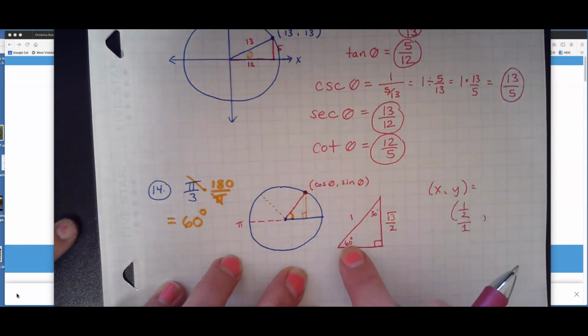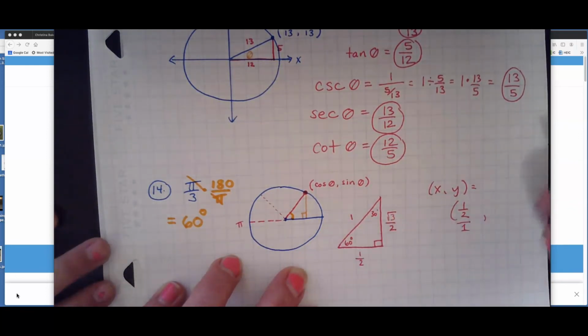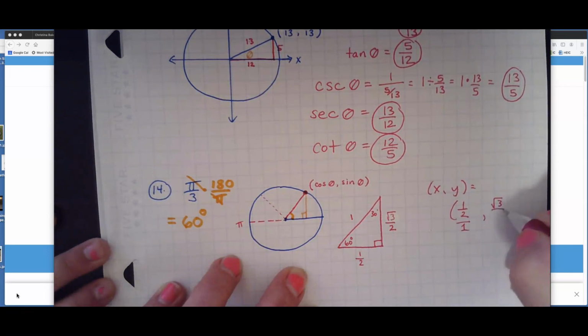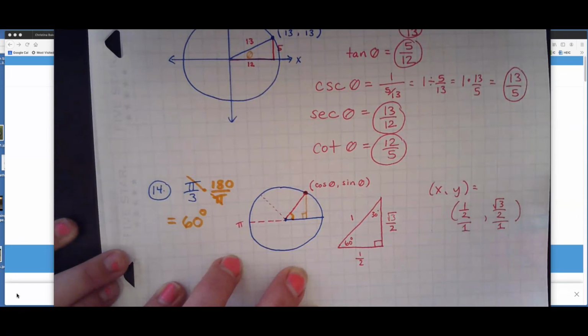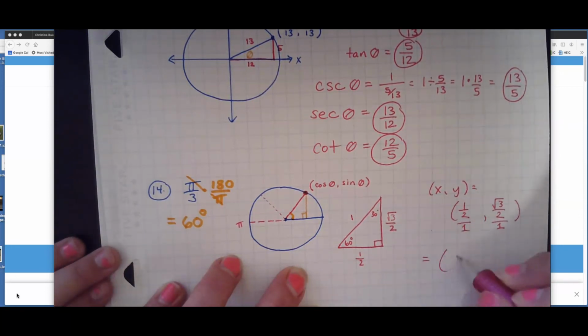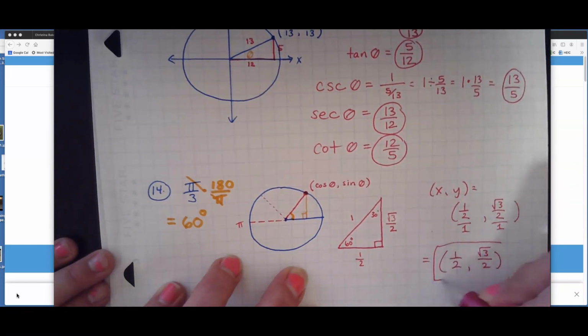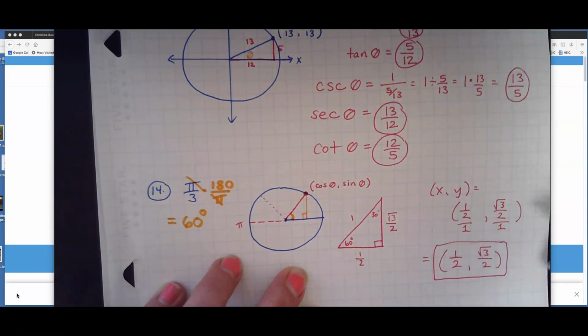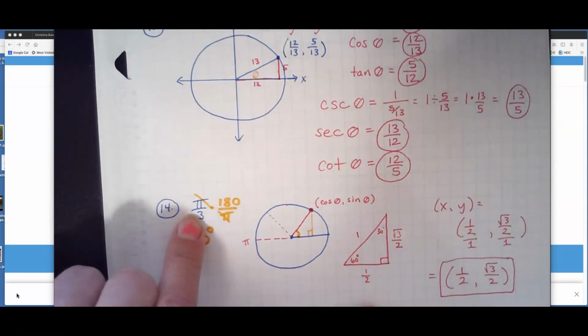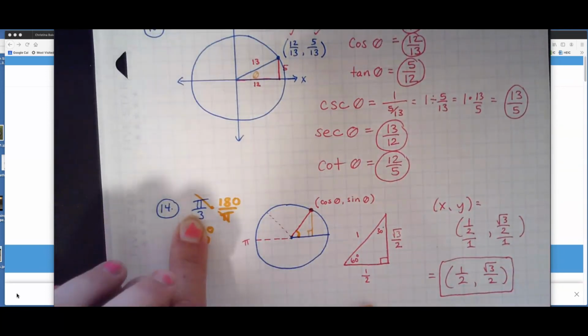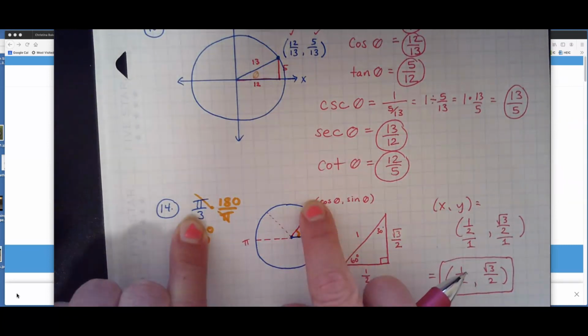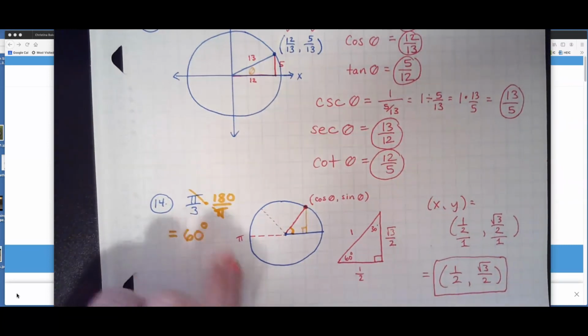The sine is opposite over hypotenuse, so that's root 3 over 2 divided by 1. We already know it's just going to be the same, so 1/2, comma, root 3 over 2. That is the answer we're looking for. Those are the coordinates at that point when you are at pi over 3 radians on the circle.